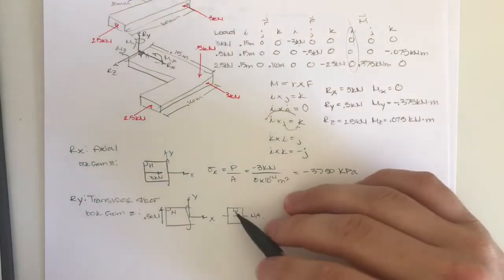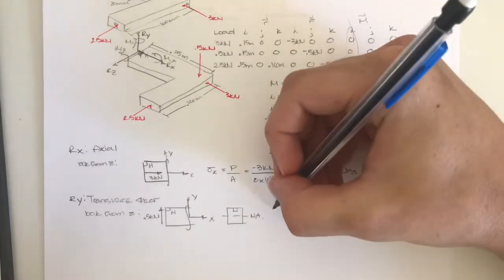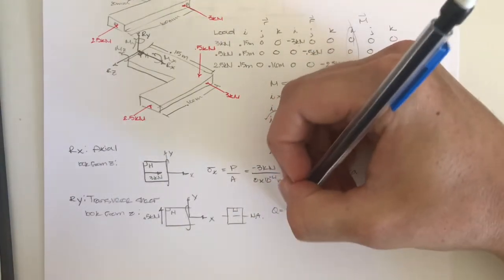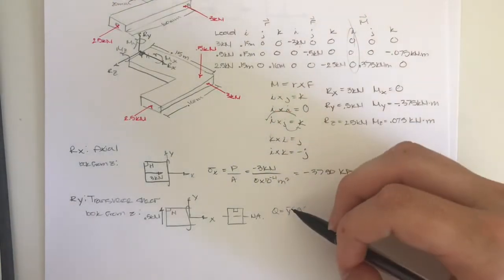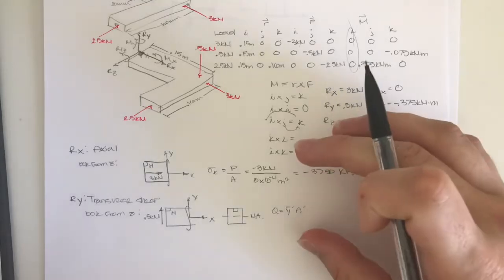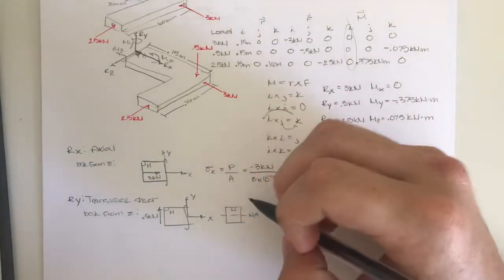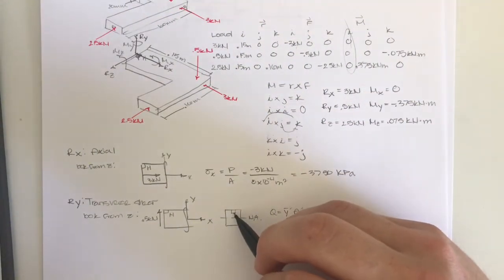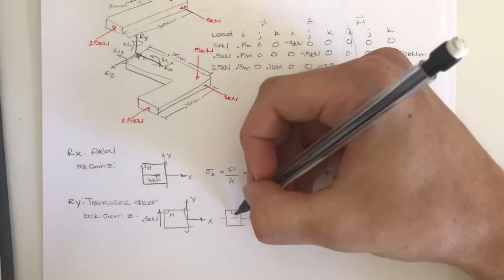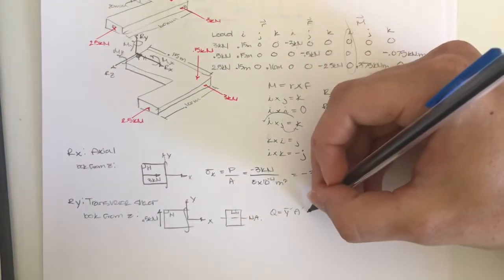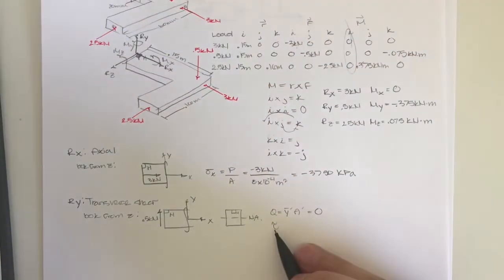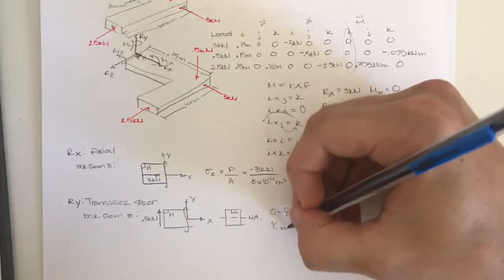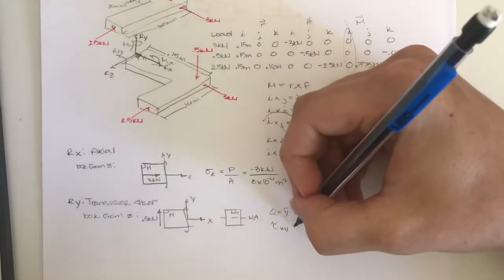The neutral axis is going to be here. So we know that Q equals Y bar prime A prime, and Y is the outward area. So there's going to be no outward area for this point H right here. So that means Q equals 0, which translates to the shear in the XY plane right here being equal to 0.